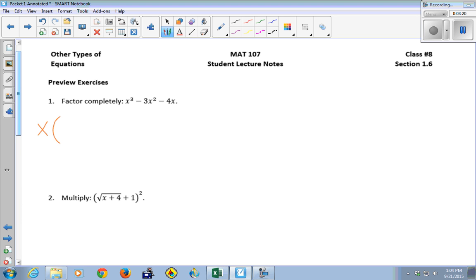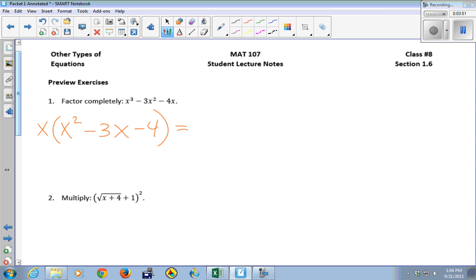So we pull out an x, and then think about if you were going to distribute that x to the 3 terms, x times what gives you x cubed, x squared, x times what gives you negative 3x squared, negative 3x, and x times what would give you negative 4x, negative 4. Good. And then x squared minus 3x minus 4, does that factor?